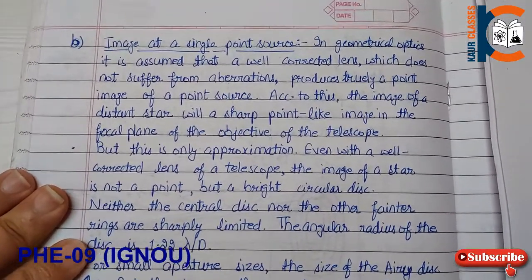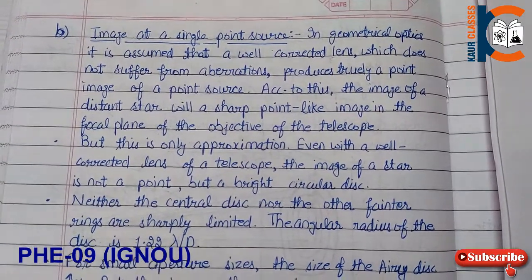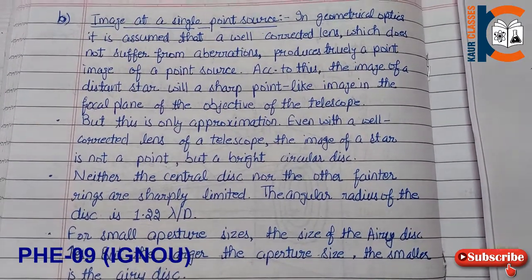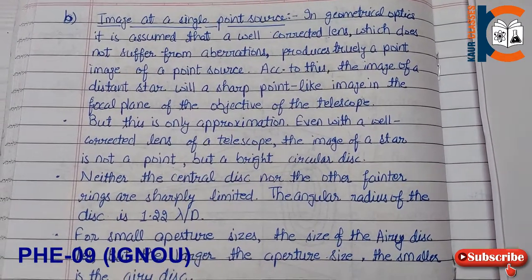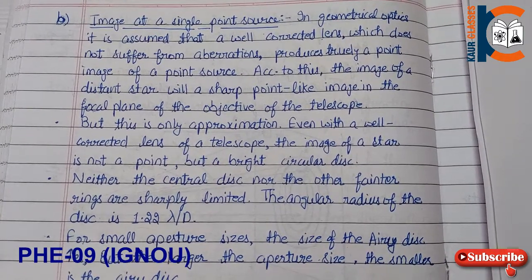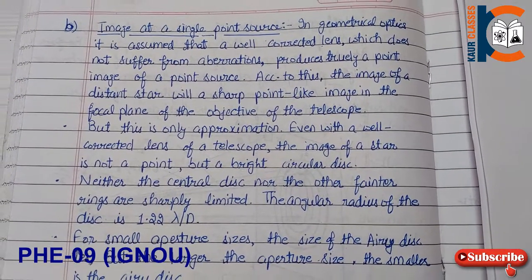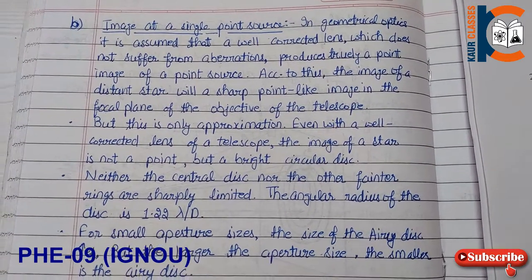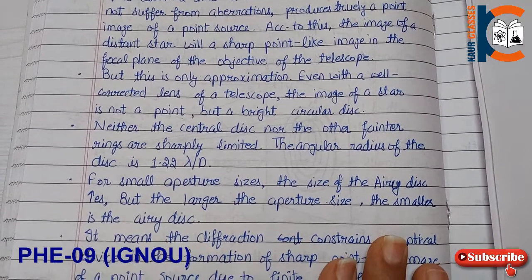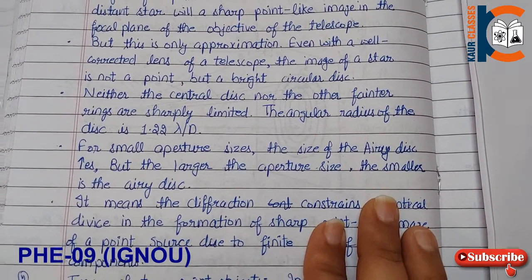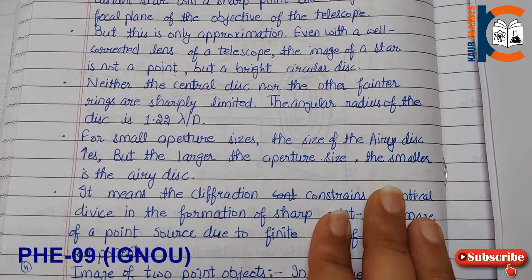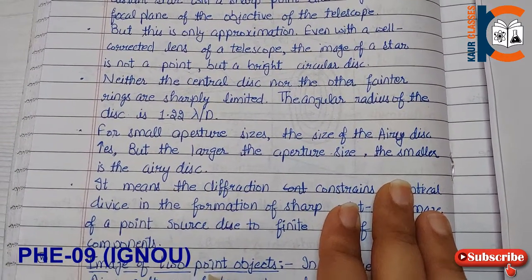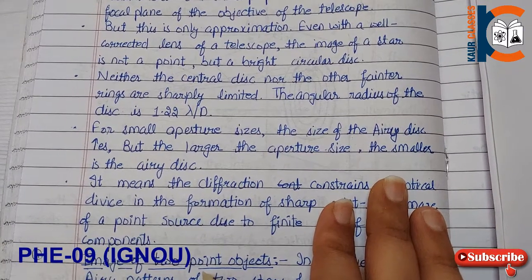If we assume geometrical optics, it is discussed that a well-corrected lens can produce a truly point image with 100% accuracy, and by using this corrected lens, the image of a distant star will be a sharp point-like image. But this is only an approximation. Even the corrected lens of a telescope cannot give a point image of a star, but it gives just a bright circular disk.